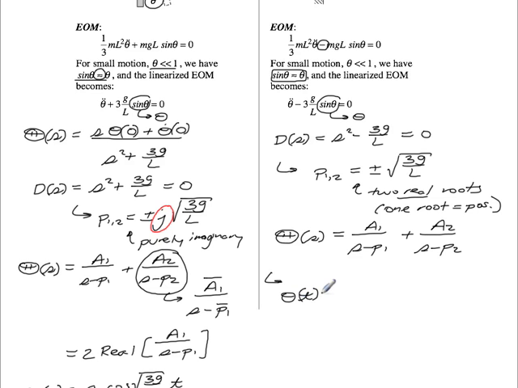Rather what you will get is just exponentials. So it's going to be A1 e to the square root of 3g over L times t, and A2 will be e to the minus square root of 3g over L times t.